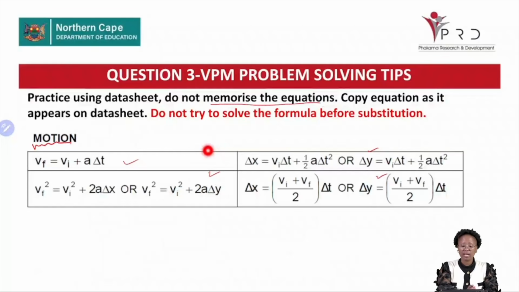Please do not try to solve the formula before you do your substitution. Just copy and then substitute. Then after substituting, that is when you can try to manipulate the formula. Very much important to do that. We've spoken about all these variables. We know what they mean. We know that acceleration is acceleration due to gravity, which is that 9.8 meters per second squared, right?